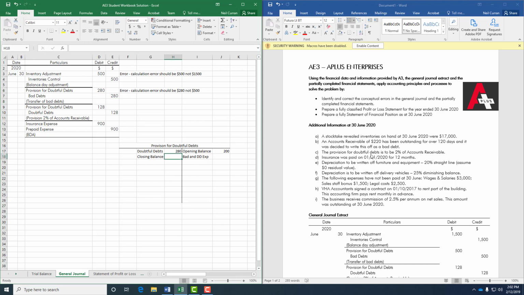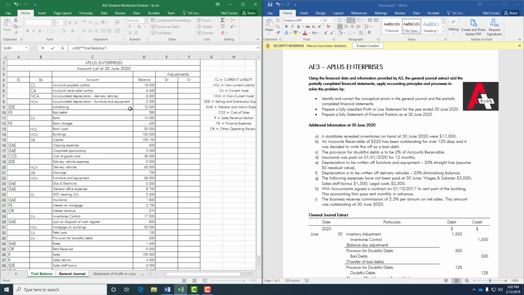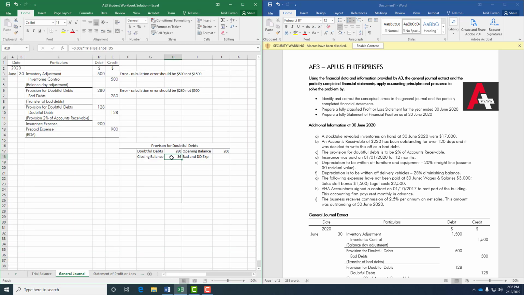Now the closing balance represents 2% of accounts receivable. So we're going to go equals 0.02 for 2% times how much is in the trial balance for accounts receivable, which is $18,000. So we are going to have a closing balance here of $360.